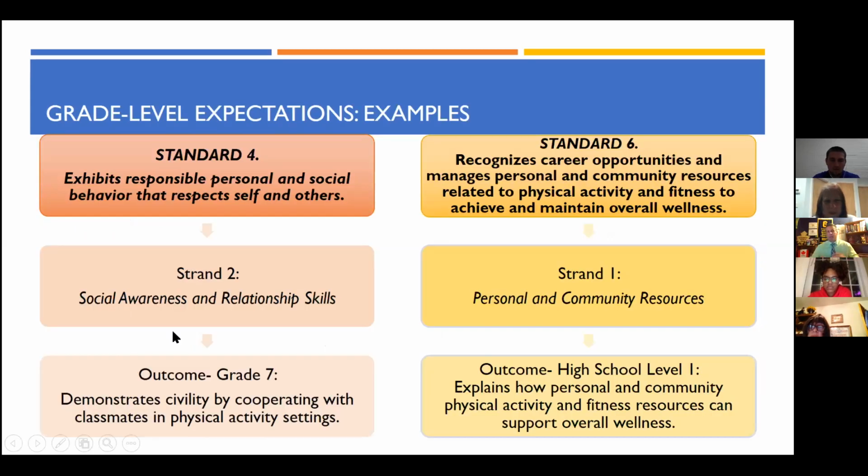Here's another example that gives you a little more information. Standard 4, the anchor standard, says that students exhibit responsible personal and social behavior that respects self and others. Content strand 2 is entitled Social Awareness and Relationship Skills. And then the GLO for 7th grade indicates students demonstrate civility by cooperating with classmates in physical activity settings.